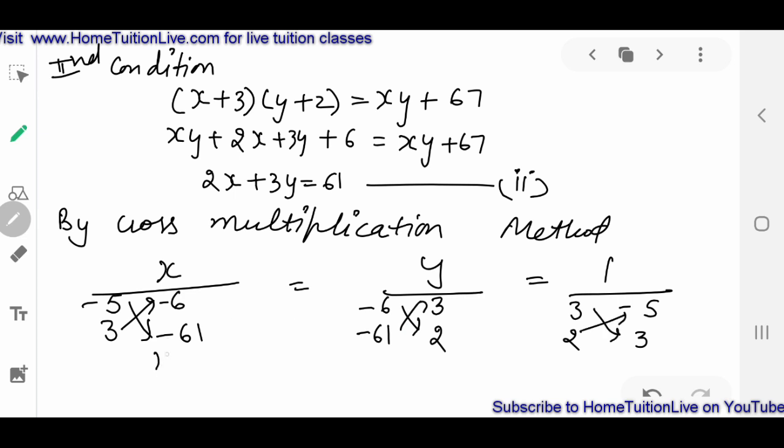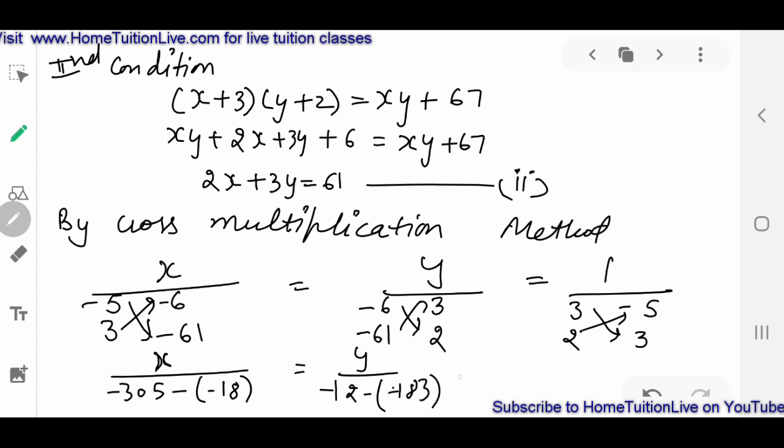So here for x: minus 5 times minus 61 is 305, minus 3 times minus 6 is minus 18. For y: minus 6 times 2 is minus 12, minus 61 times 3 is minus 183. And 1 upon 9 minus minus 10, that is 19.